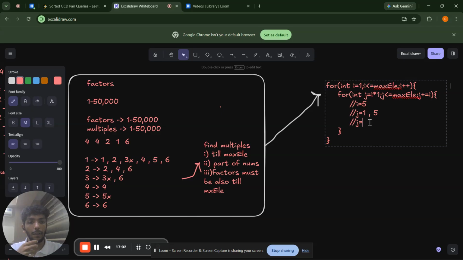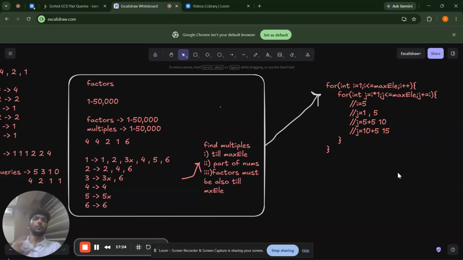So first it was 5, now j will become 5 plus 5, which equals 10. Later j will become 10 plus 5, which is 15. So as a result we are getting the multiples.